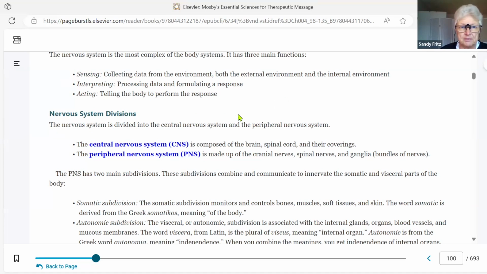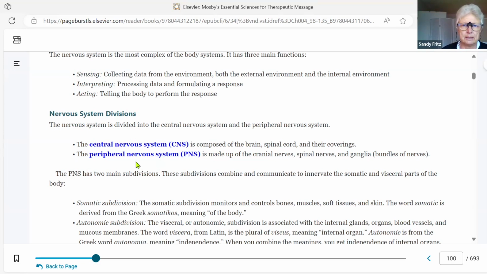The nervous system is divided. There's the central nervous system, and that's where decisions are made, information is ultimately processed, and that's the brain, spinal cord, and their coverings. Where we have our stimulus effect is in the peripheral nervous system.